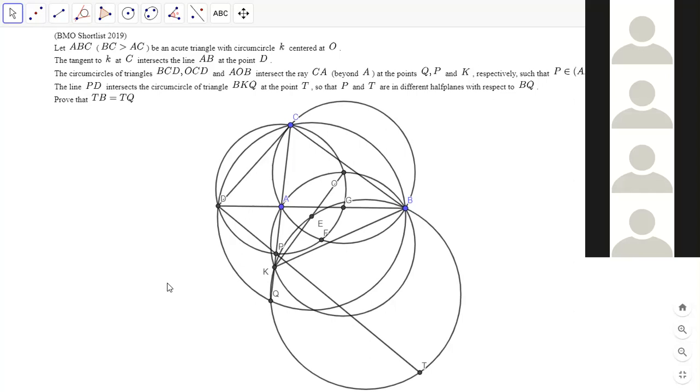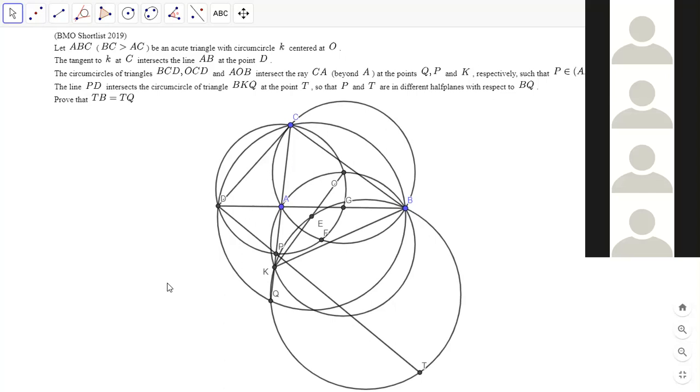So what are we gonna do after that? If we prove D is the midpoint of arc QC, right? D is the midpoint of arc QC, because angle CBD is equal to DCB. So DQ squared will be equal to DA times DB.